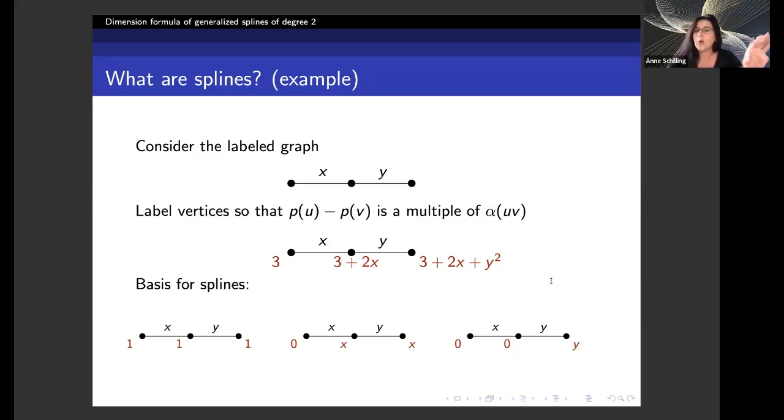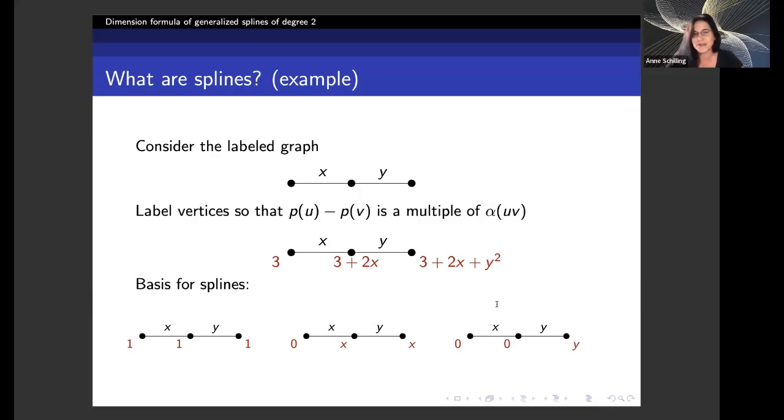And I hope this example shows you that if we pick any tree, you could play the same game. You could pick one of the vertices as the root, then make the constant spline, and for the other basis elements you would put 0 at the root, and then go to another vertex, and whatever that edge label is, you would put that label on everything above it, away from the root.